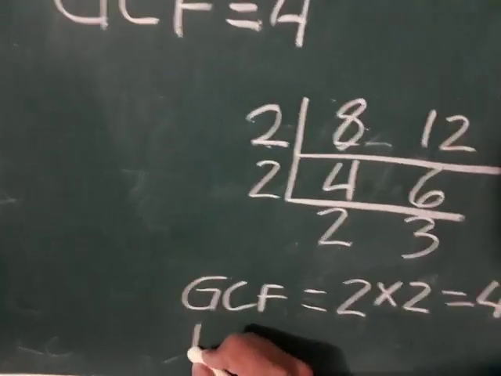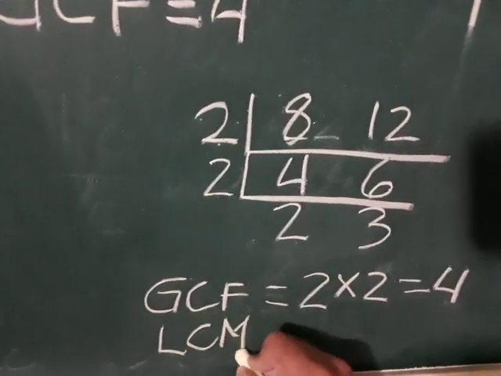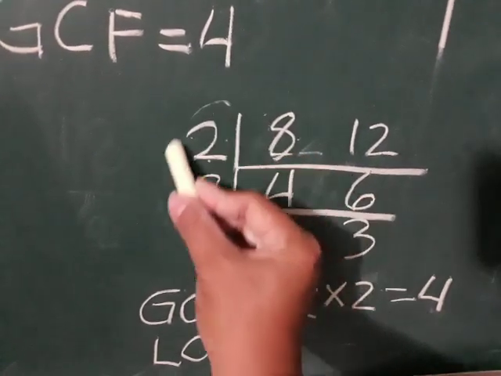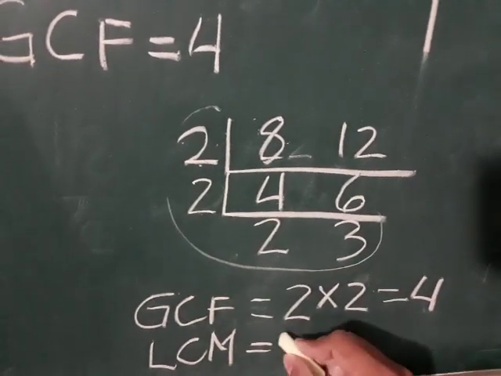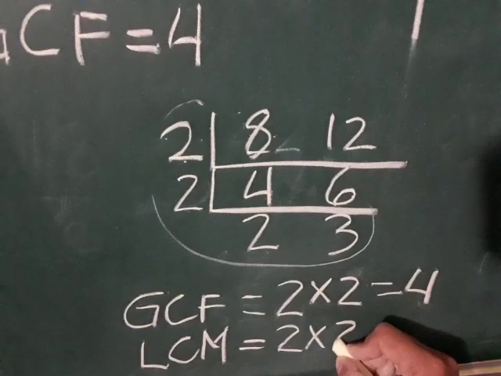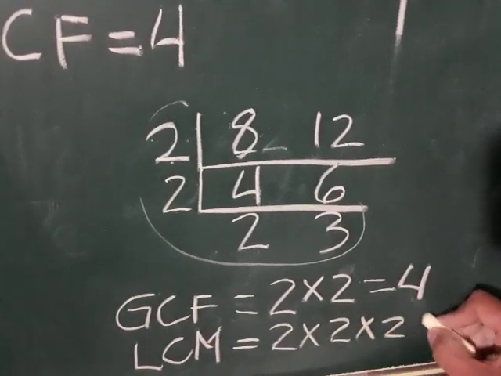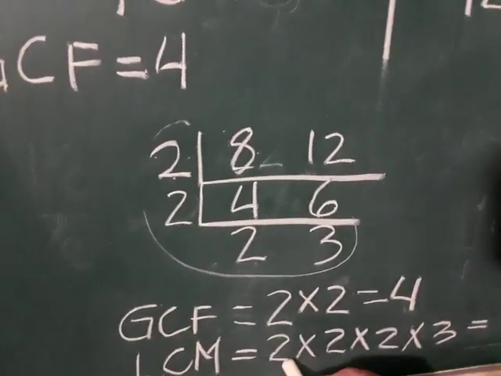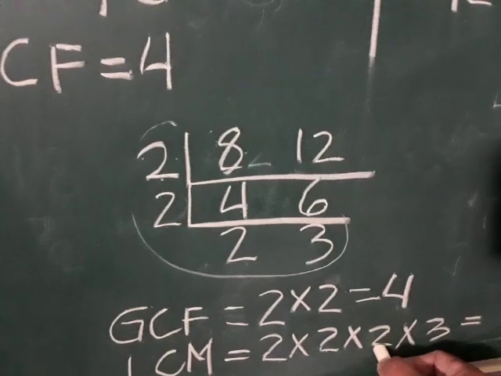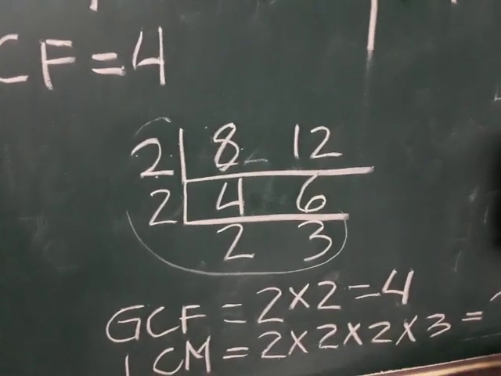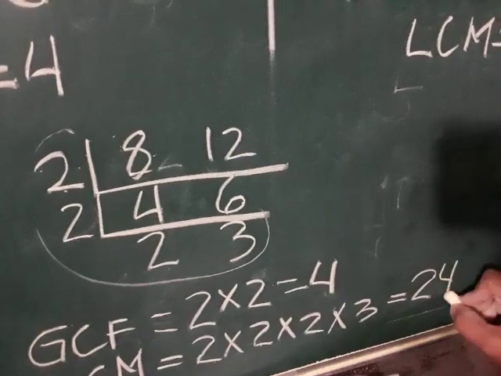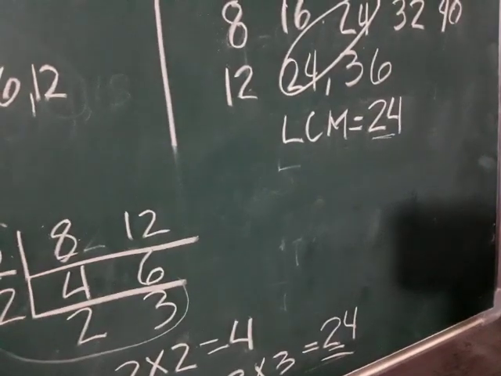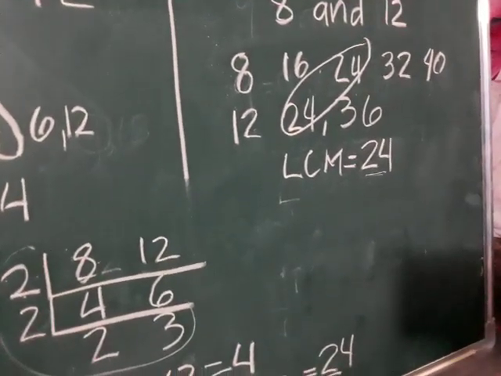And for the LCM, we are going to multiply all the numbers outside the box. Okay, so we have 2 times 2 times 2 times 3, which is equal to 2 times 2, 4, 4 times 2, 8, 8 times 3 is equal to 24. So 24, they are the same with our answer in the listing method.